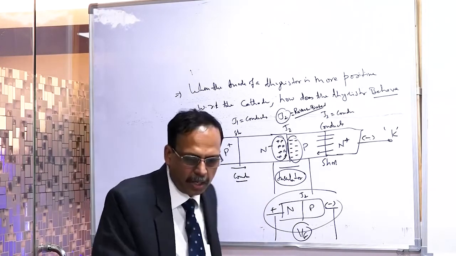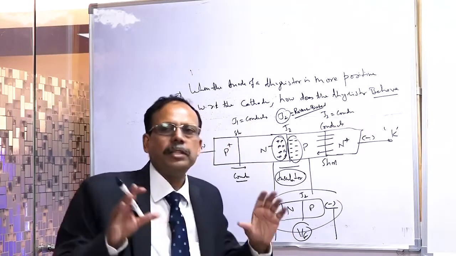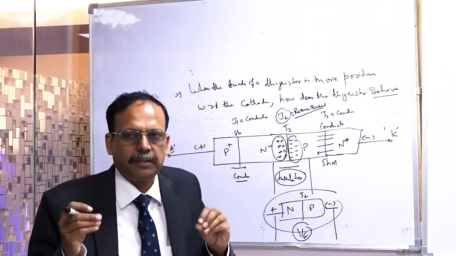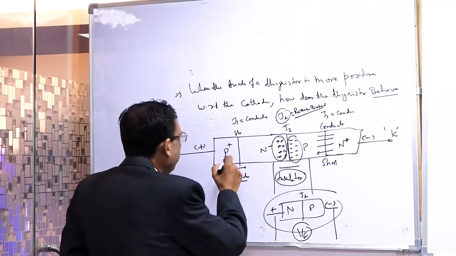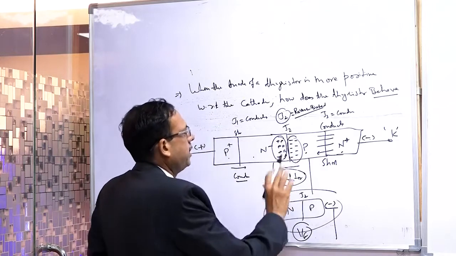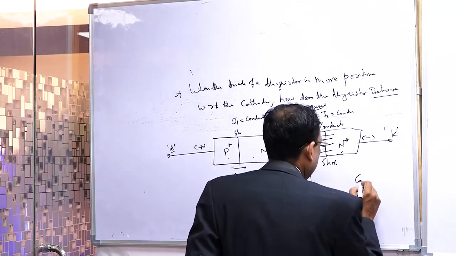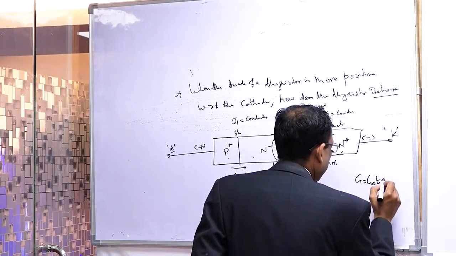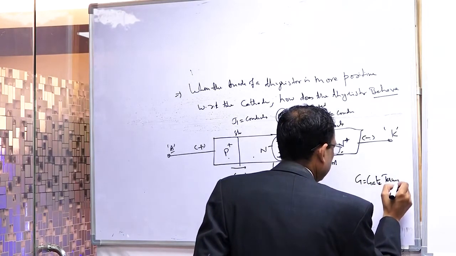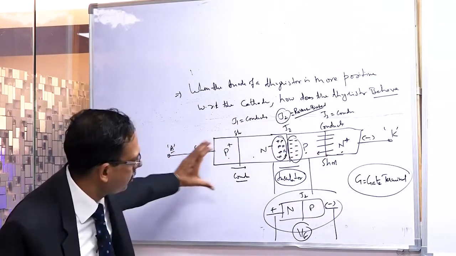Okay. Now you know that in a thyristor there is a third terminal called the gate terminal, G. Do you know where it is, whether here, here, here or here? Where is the gate terminal in this structure?